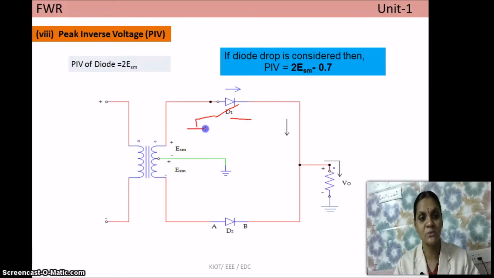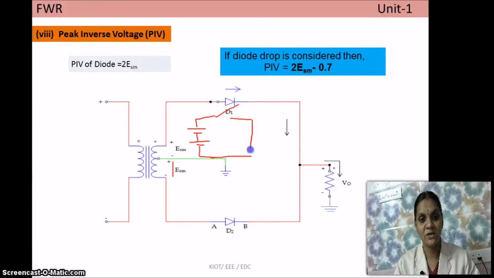So this is one voltage source. So this value is ESM, and again here also you have one voltage source. So positive polarity at the top. So positive, negative again here, and here this diode D2 is in closed circuit. This is open because in one cycle this is open, and in another cycle only this will get open. So now assume this diode D2 is closed.